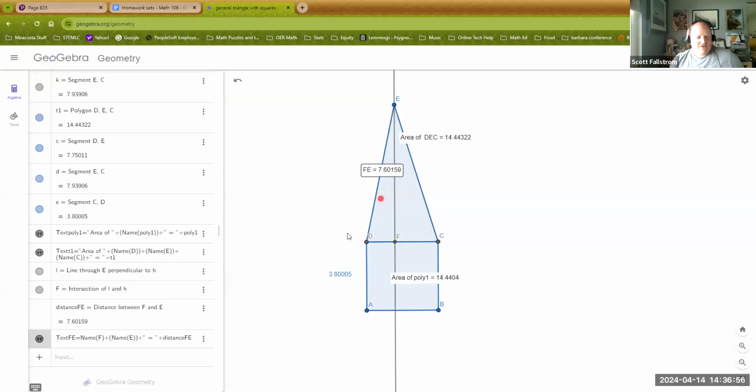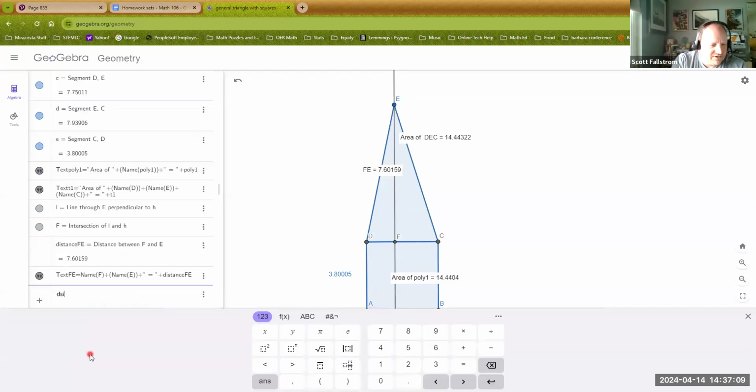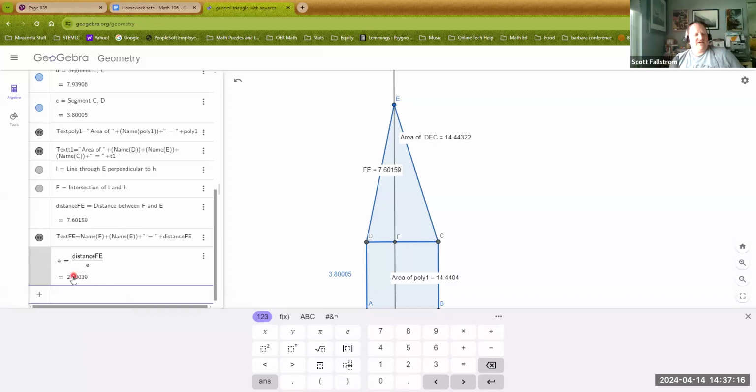If you needed to, you can go over to the calculator part over here and say, wait a minute, what is that length? So E is segment CD. And then distance FE is right here. If I do distance FE divided by E, you'll notice I get a number that's very, very close to 2.